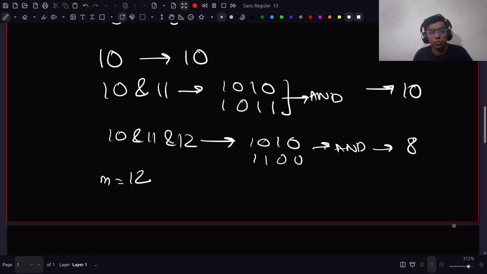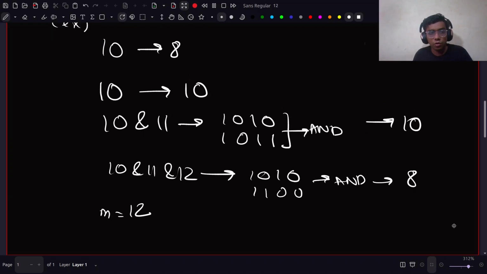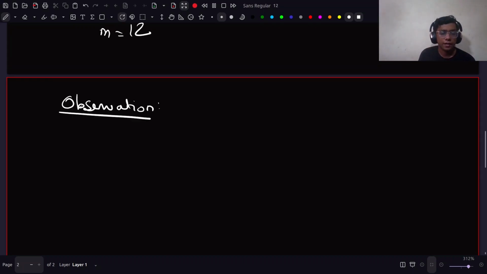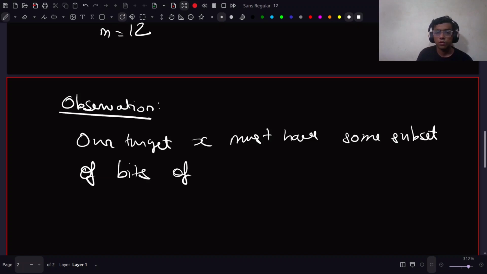Okay. So basically what we have seen is that first of all, when you take AND, let's start making observations. From this example, one observation we can have is that our target x must have some subset of bits of n, right?